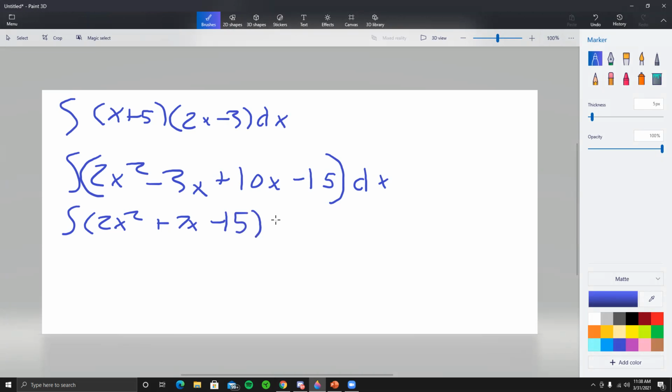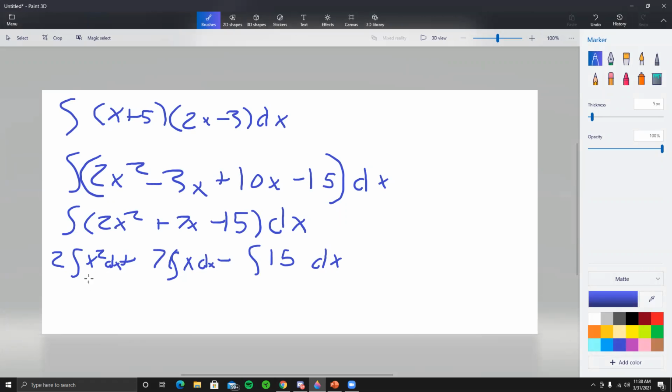And so here now, using the rules that we've found, we can make this sum and difference. So we could have the integral of 2x squared plus the integral of 7x minus the integration of 15 dx. And you have to include dx's for each integral.